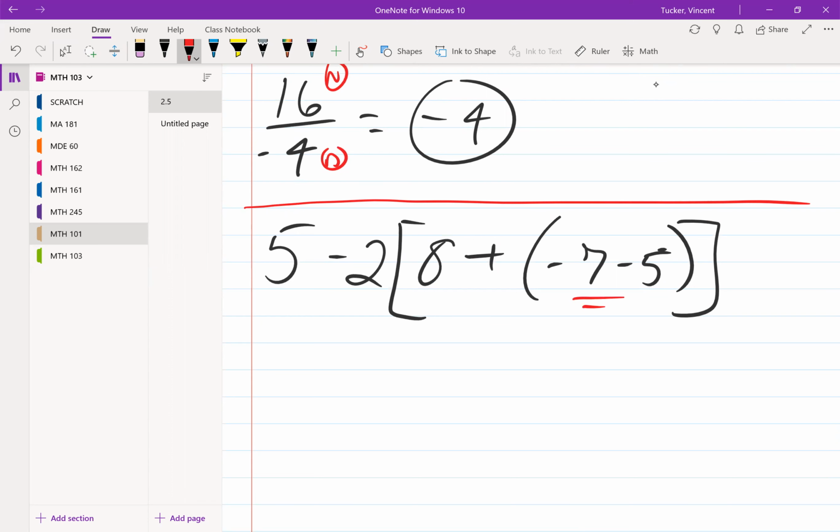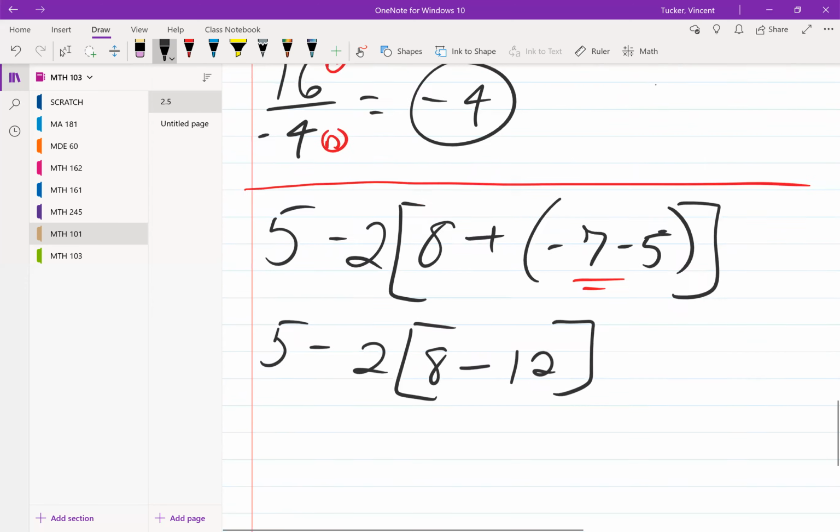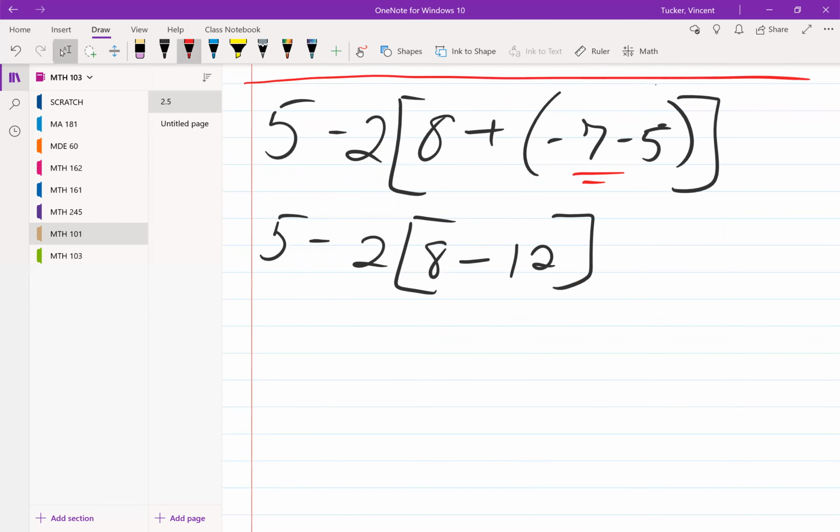So -7 minus 5 will be the first thing that we do. So it's 8, and then inside your grouping symbols, -7 minus 5, which is -12. Now still inside of your bracket, we will do 8 minus 12, which is -4.